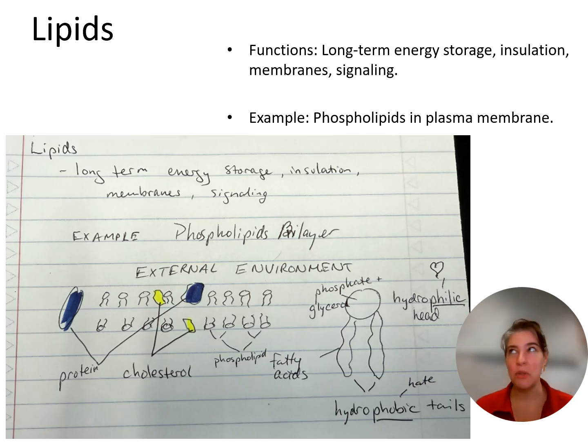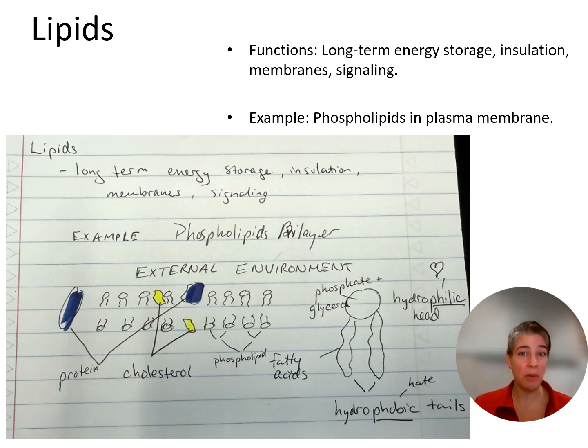So what do you think that phospholipid bilayer has as a major component? Lipids. Lipids are fats, oils, and phospholipids. These store your long-term energy. They're also important for insulation and protecting organs. They're doing different jobs, but most importantly, they form the cell membrane.